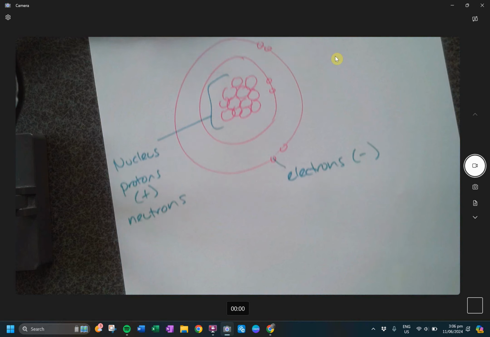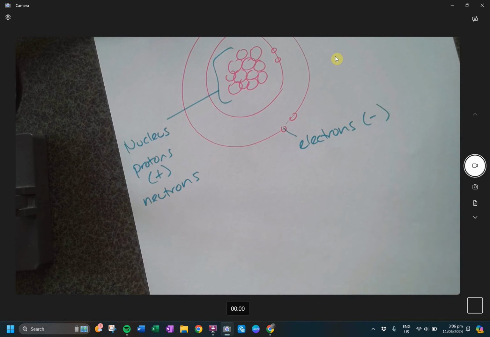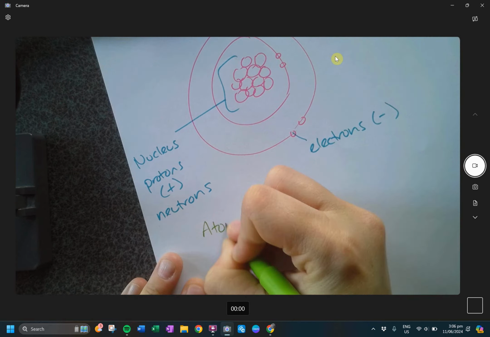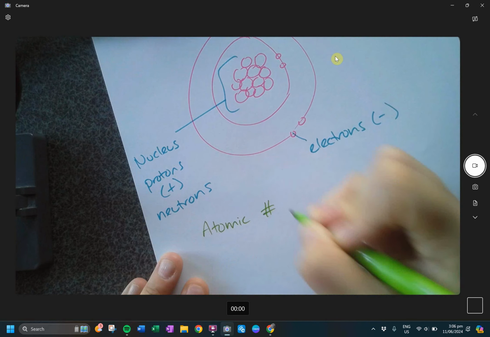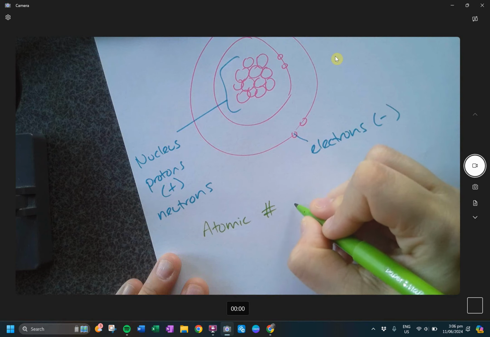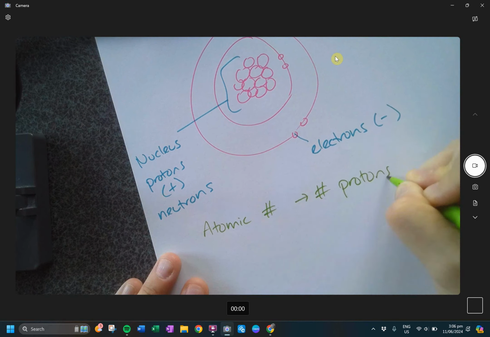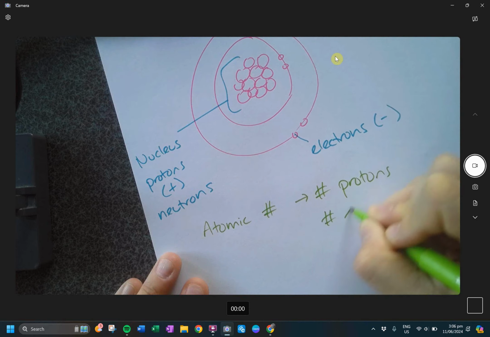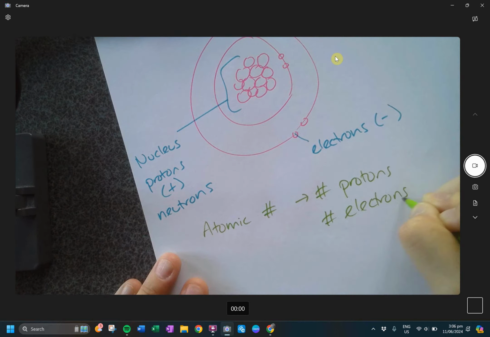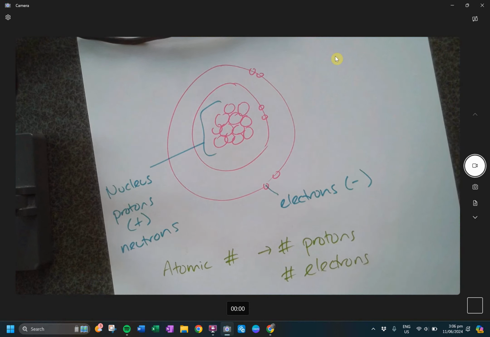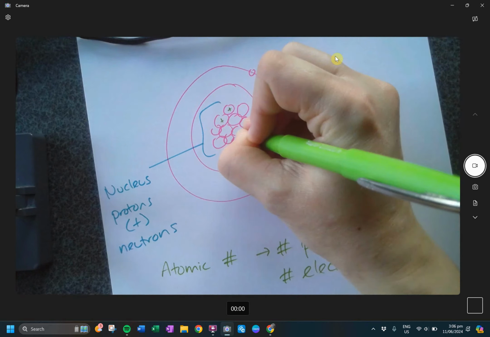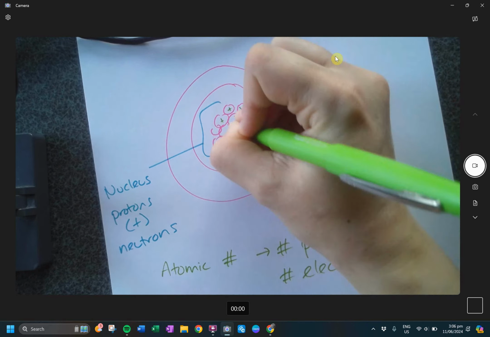So atomic number, let me grab another color, keep changing it up. Atomic number is referring to the number of protons and also the number of electrons. So in this example here, I'm just going to start sticking in 1, 2, 3, 4, 5, 6.